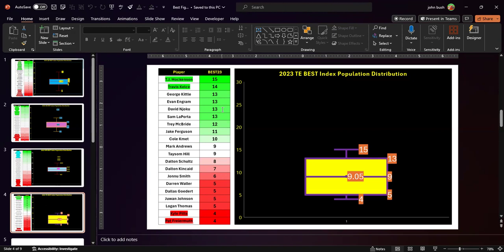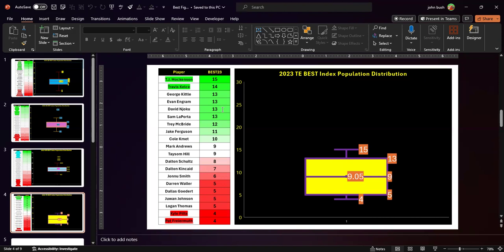In other words, value wise, going in the first round, you could have got Hockenson better later. So Kelce wasn't a bargain compared to Kittle, Ingram, Njoku, LaPorta, Trey McBride. As far as when you had to buy them, there were other bargains out there.